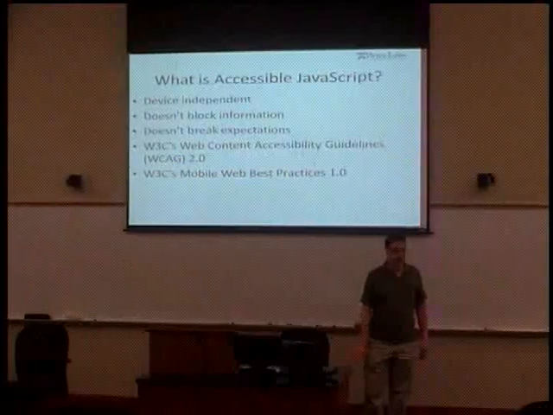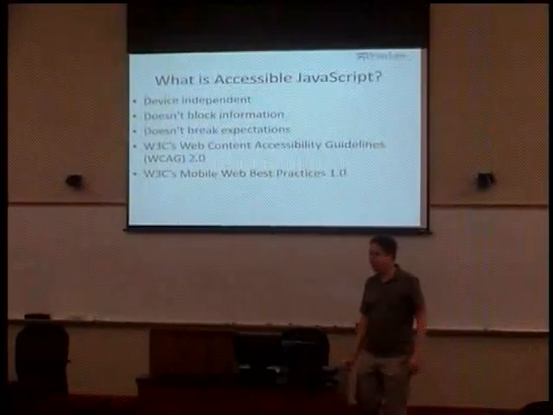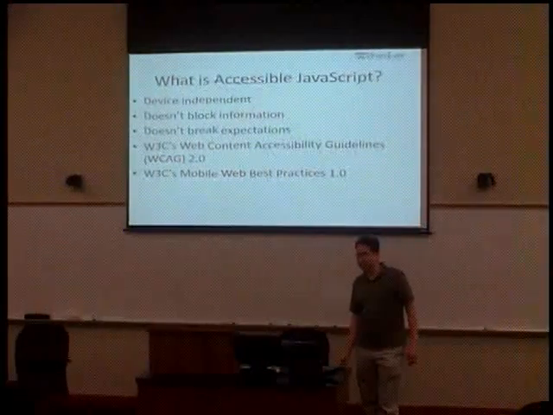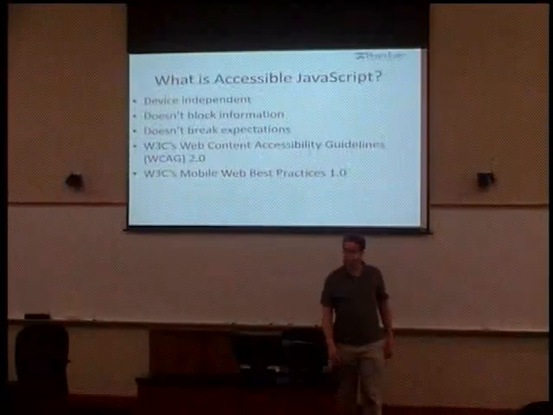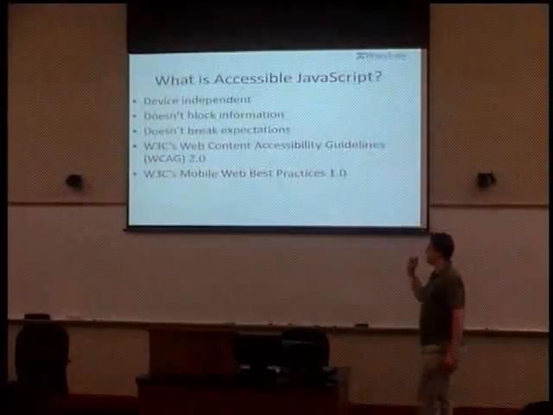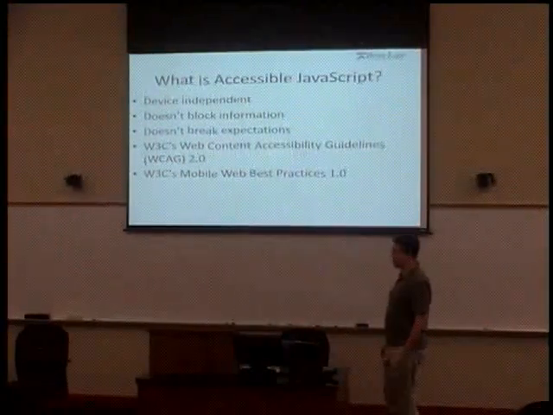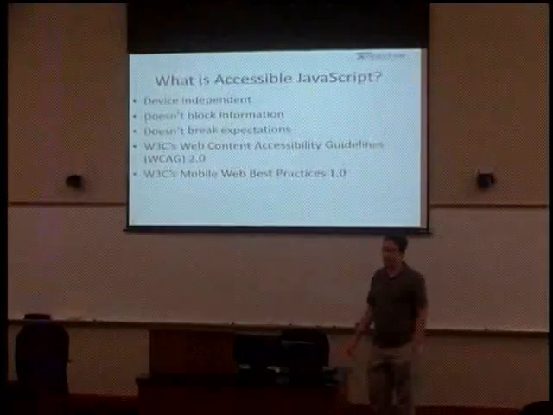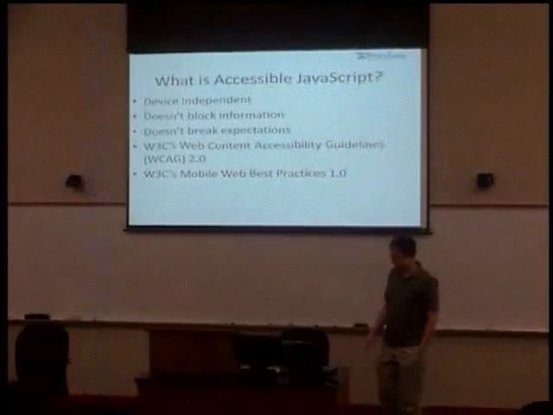And JavaScript that's accessible doesn't break the expectations of how the web works. So if you click on a link, it's going to take you somewhere. It's not JavaScript that's going to block that link. And there's some references to the W3C's accessibility guidelines and the W3C's mobile web best practices. These are two guidelines that will help not only in accessible JavaScript, but making the whole web page accessible.